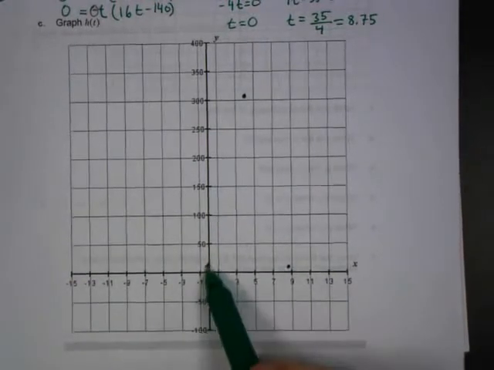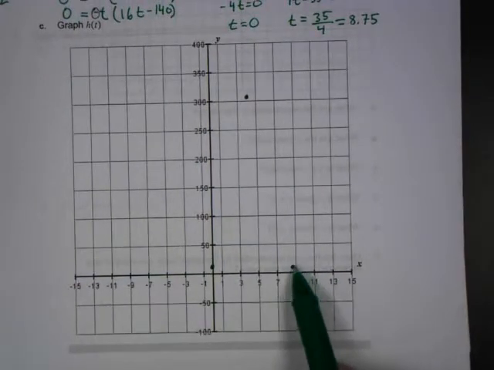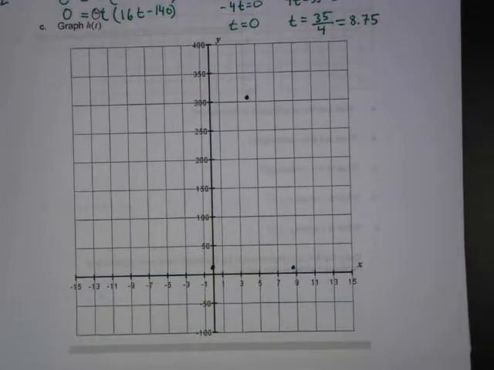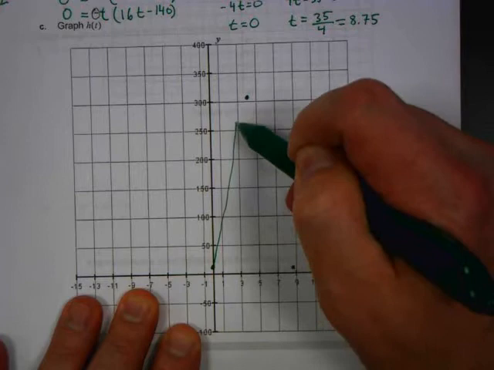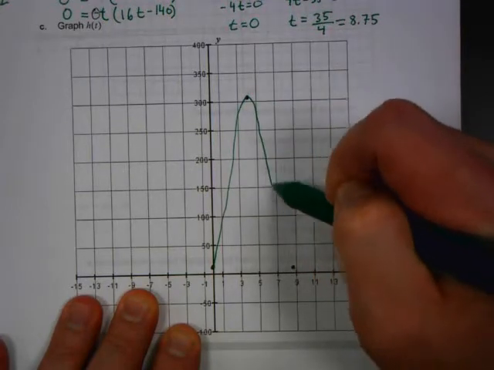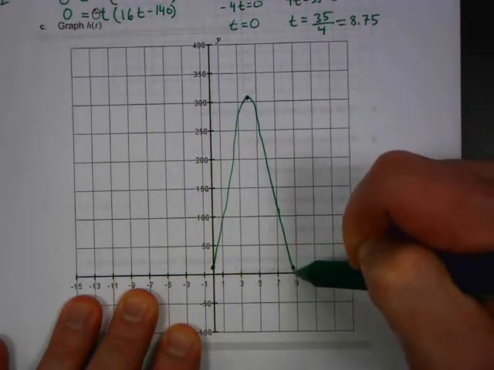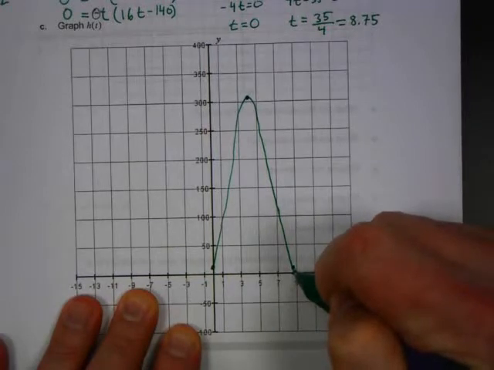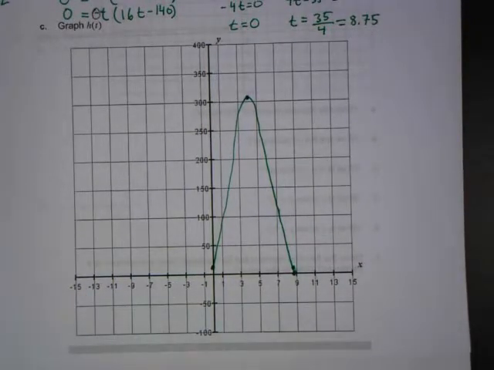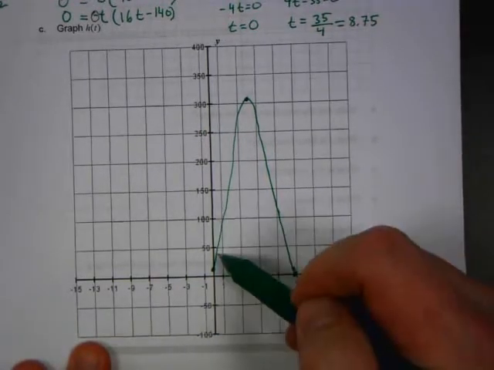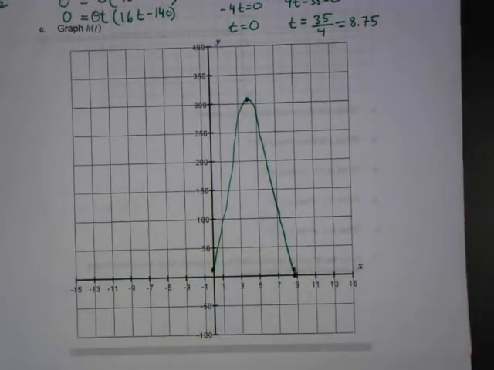So there's my 0.3, and there's my 8.75. And so I draw my picture, and I would draw it like this. Come up, there's my maximum, comes down, and I would stop right there, right where it hits the axis. I wouldn't draw it further down and put an arrow, and I wouldn't draw further down and put an arrow on this side either.